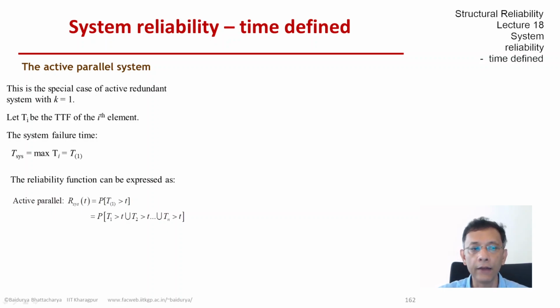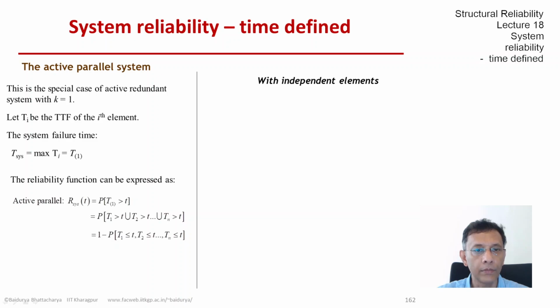So we could have at least one of them, or we take the complement and 1 minus the probability that all of them are less than or equal to t. So that would be our way of expressing the system reliability function in terms of any arbitrary t.